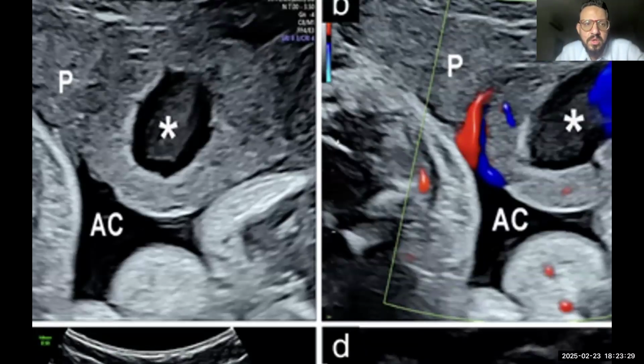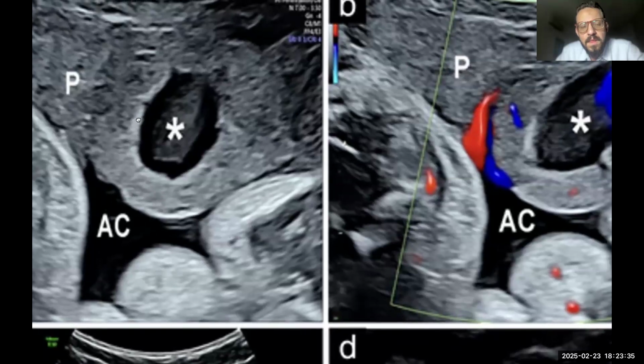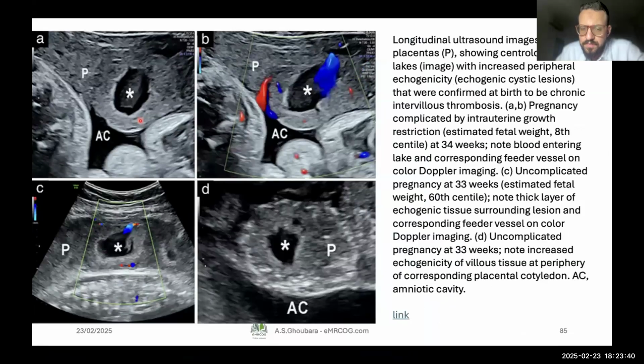Can you see this white contour? This one. In the TOG article, they called it echogenic cystic lesion.